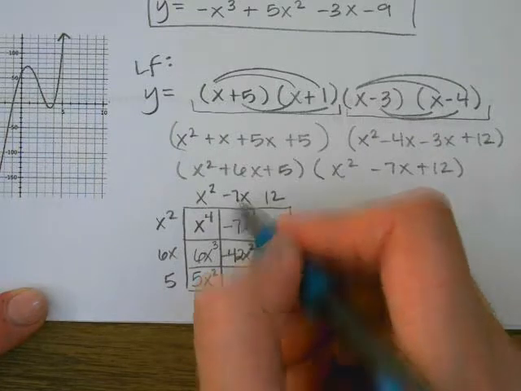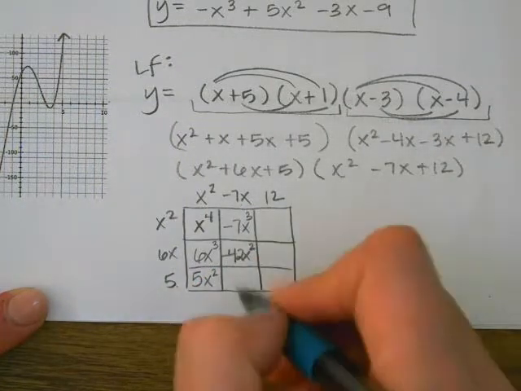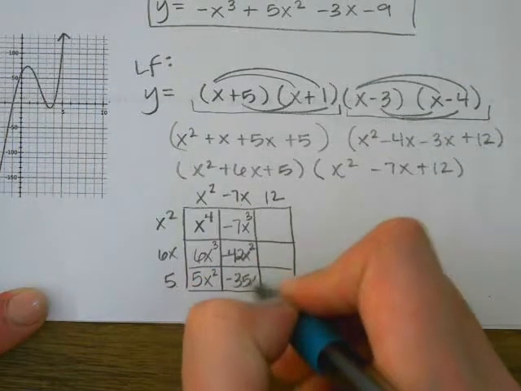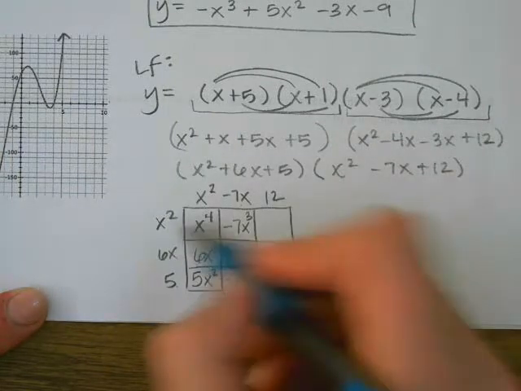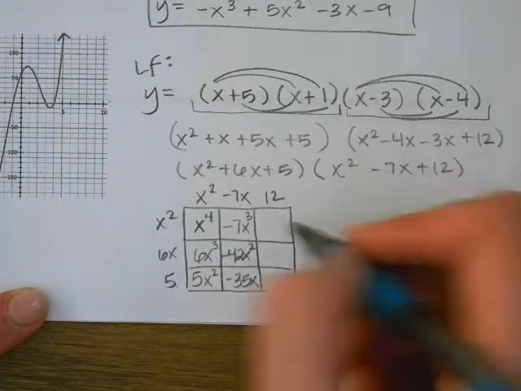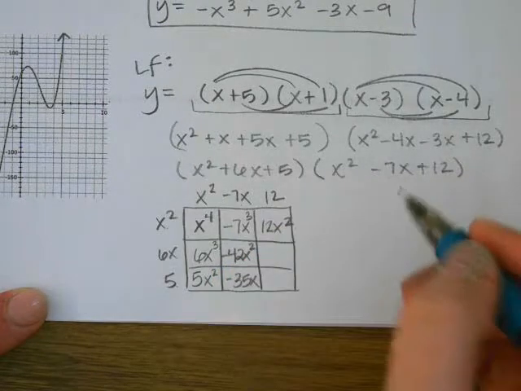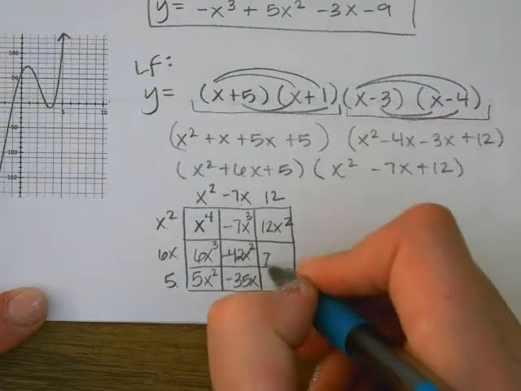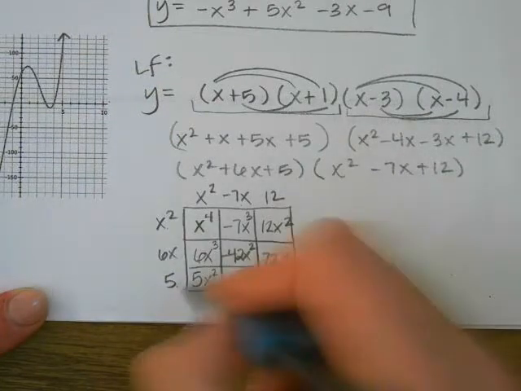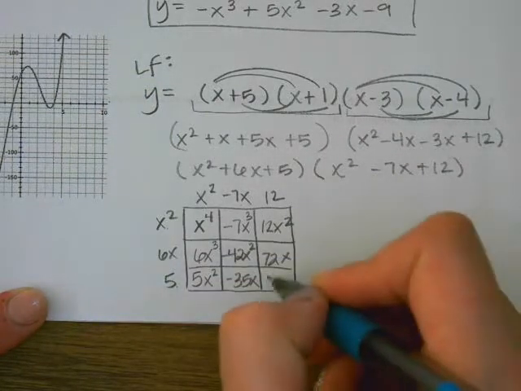Negative 7x times positive 5. 12 times x squared. 12 times 6x, 72x. 12 times 5, 60.